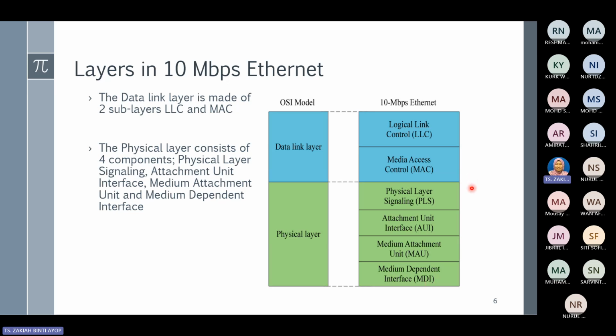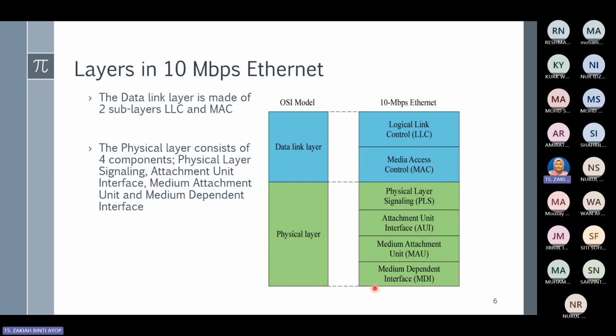In Ethernet, the data link layer is made of two sublayers: the logical link control, or LLC, and the media access control, or MAC.